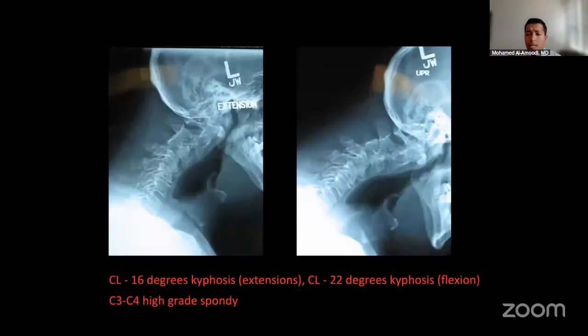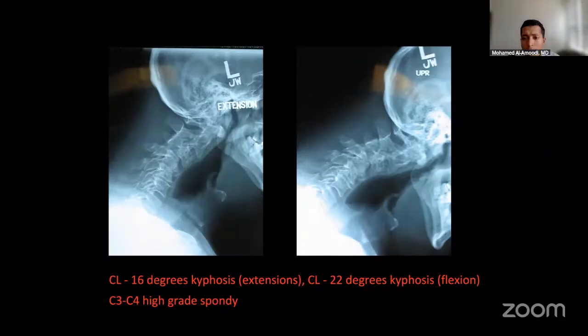These are the images obtained from the outside hospital. The films on the left represent the extension and the films on the right represent the flexion lateral x-rays of this individual. As you can see, one of the most striking features on this X-ray is the spondylolisthesis between levels 3 and 4. It's a very high grade there.